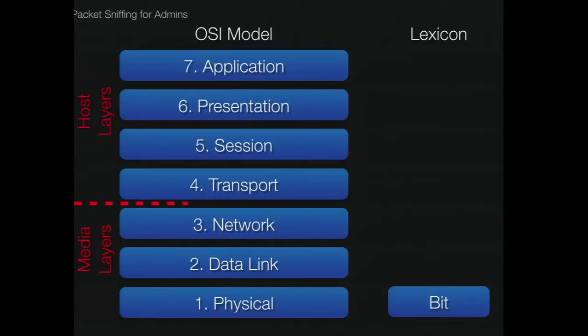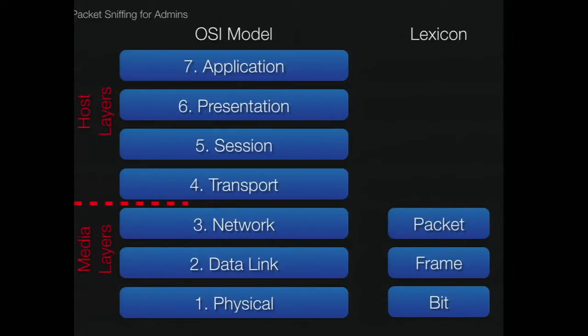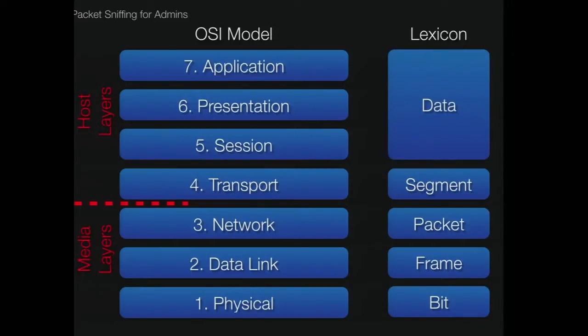When we have enough of them, we create a frame used at the layer 2. And inside this frame, we will find a packet for the layer 3. And inside this packet, a segment for the layer 4. And upper side, we don't care, it's just data. From a network point of view, what is upper the level 4 is useless. It's just payload. And we don't really care about what is inside when we are looking at the network.